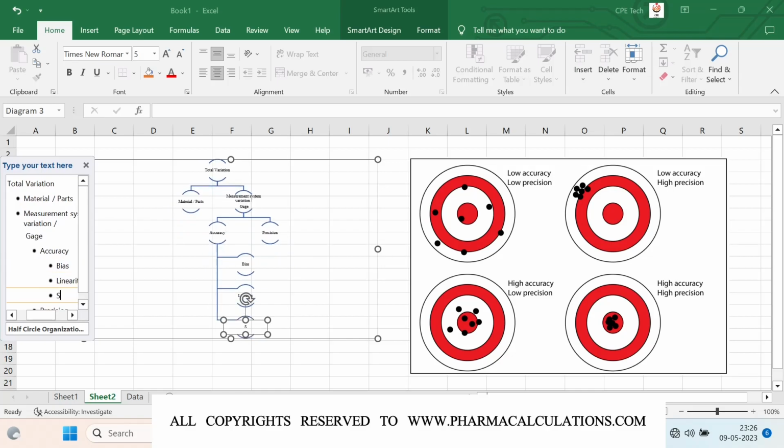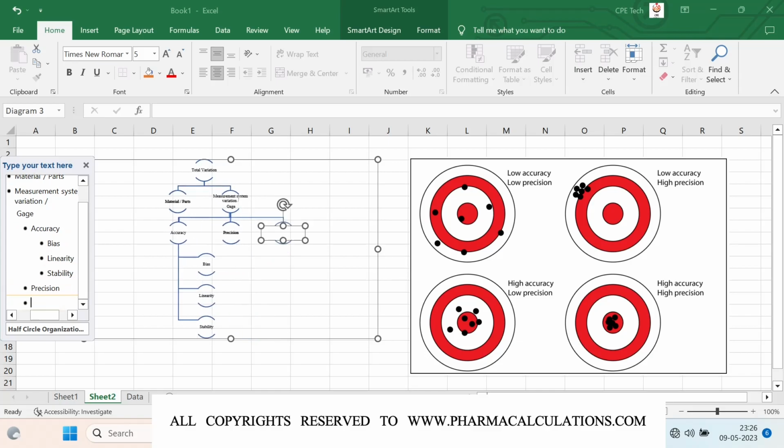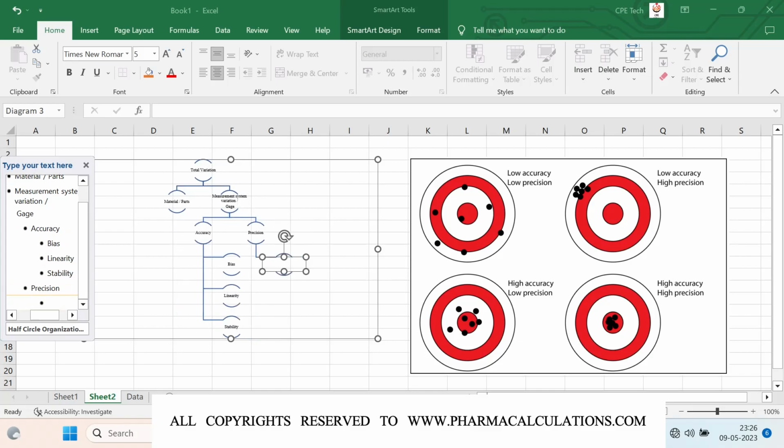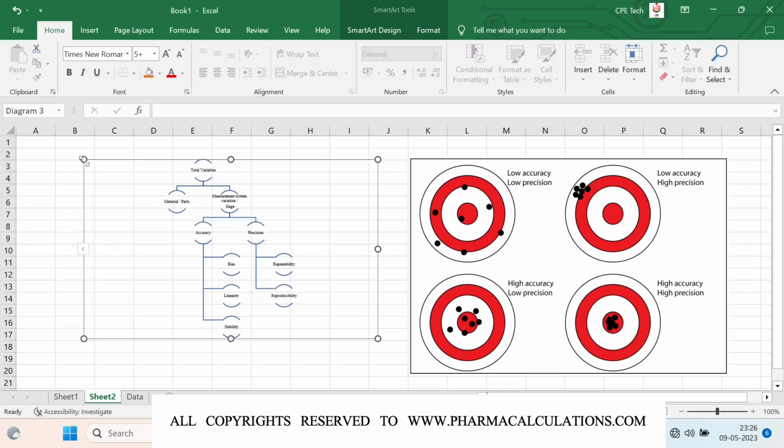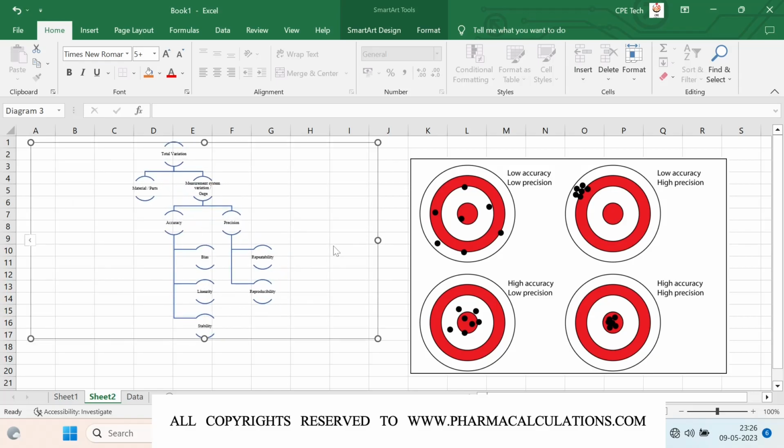And coming into precision, I can break this into repeatability, because it's all about consistency, and reproducibility. So this is how we can classify the total variation.